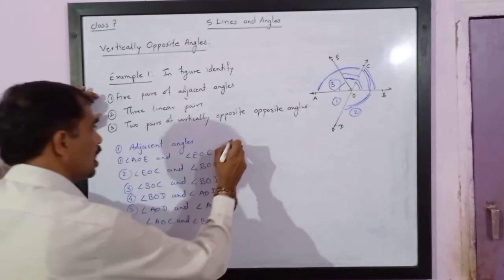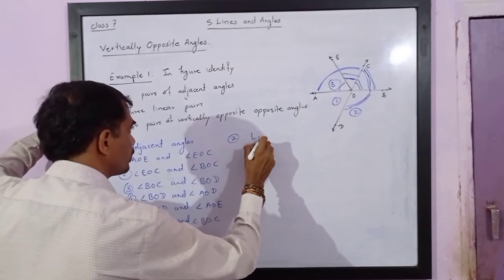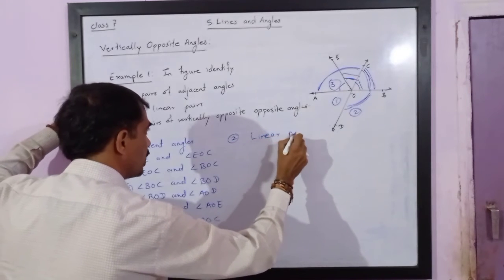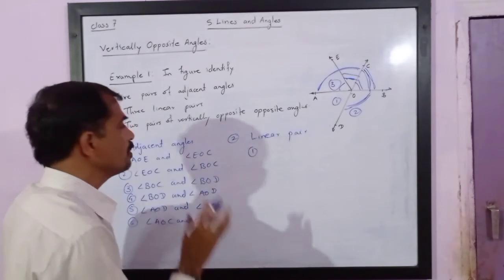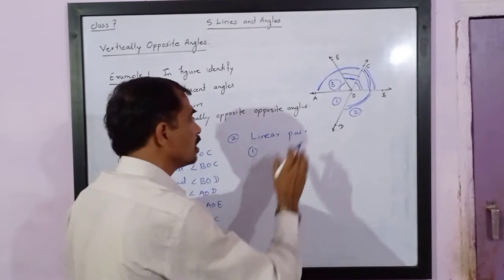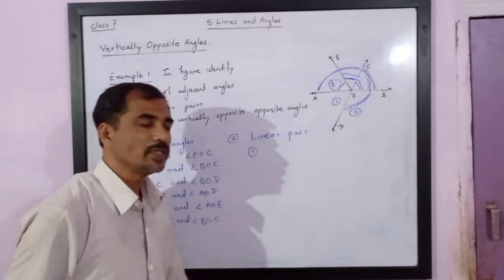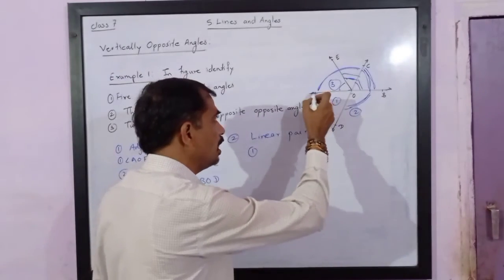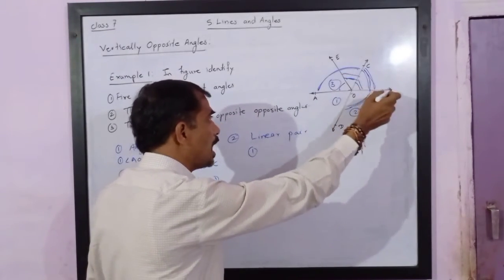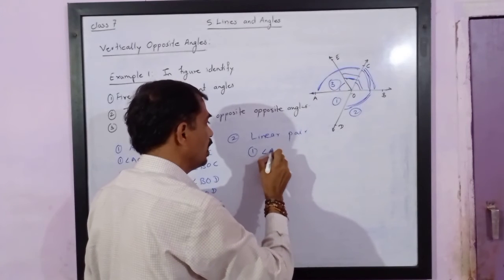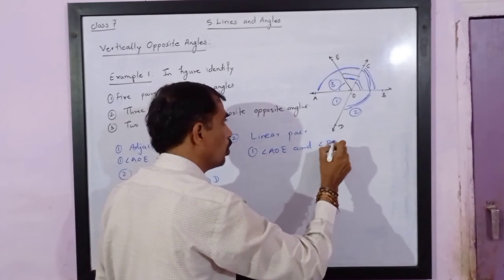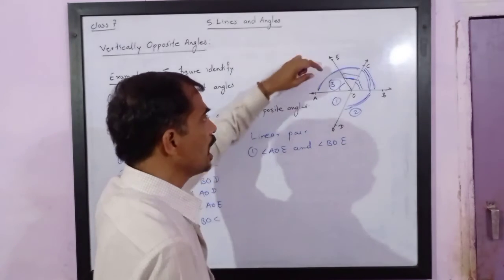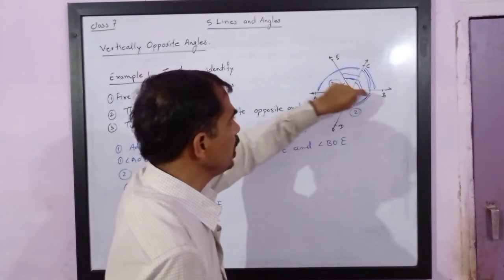Second answer is about linear pairs. A linear pair must be adjacent angles and the uncommon arms must be opposite rays. So we can take angle AOE and angle BOE.